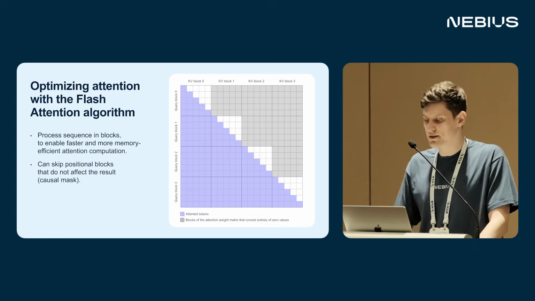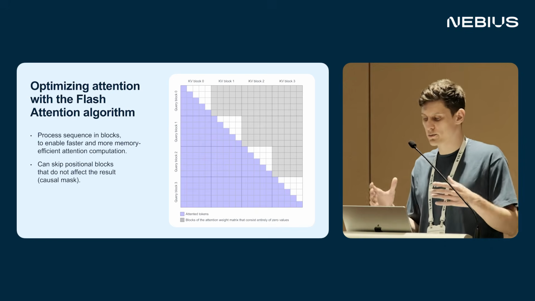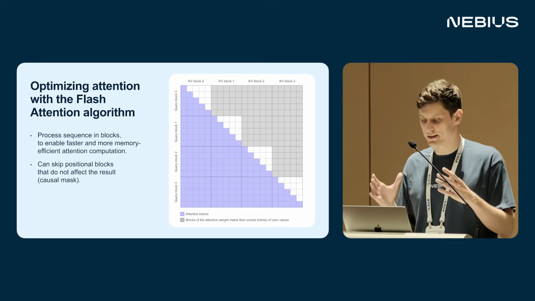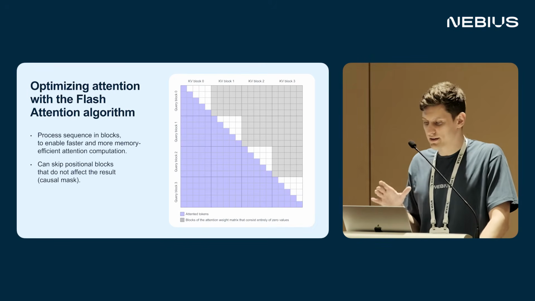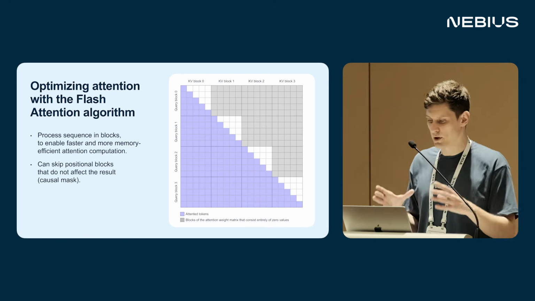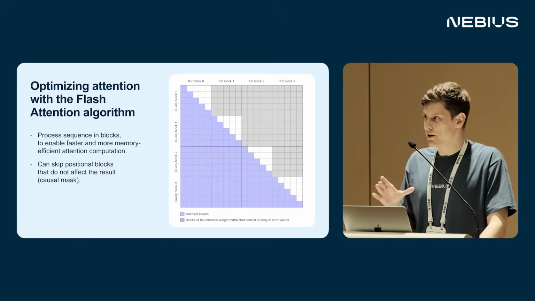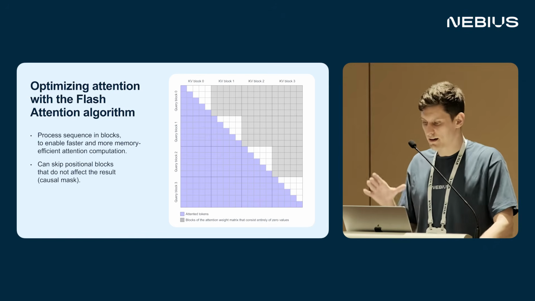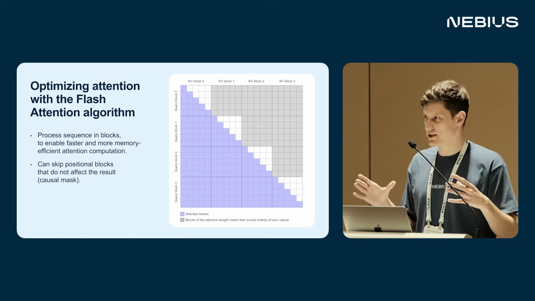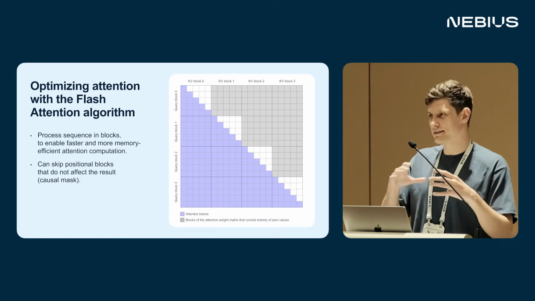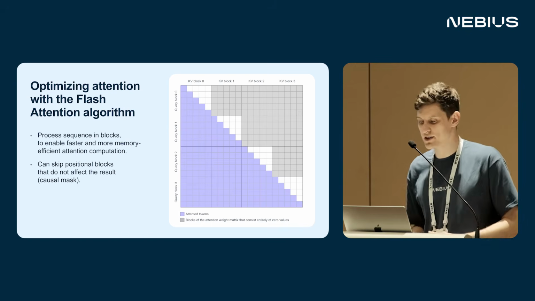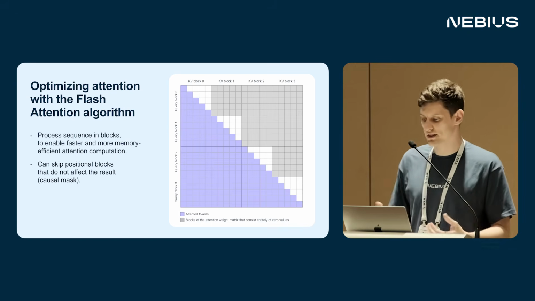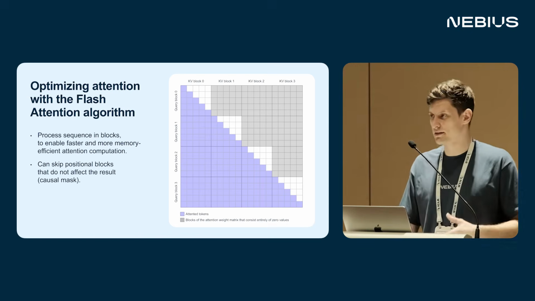As you can see visualized on the slide, the attention weight matrix gets divided into these blocks. Also, the standard FlashAttention algorithm can skip computing blocks based on the causal mask, which uses token position to prevent a token from attending to tokens from the future. This optimization is called sparse FlashAttention and speeds up computation even more.